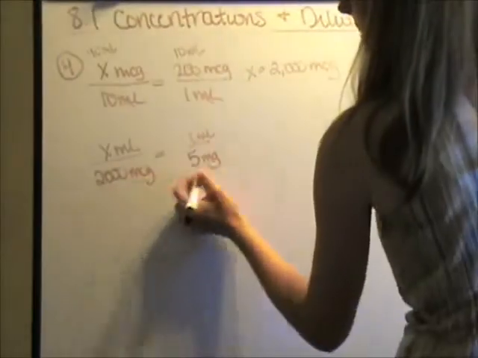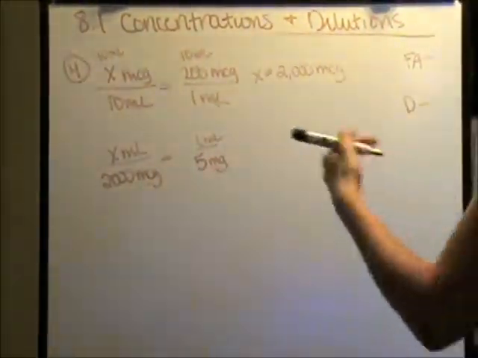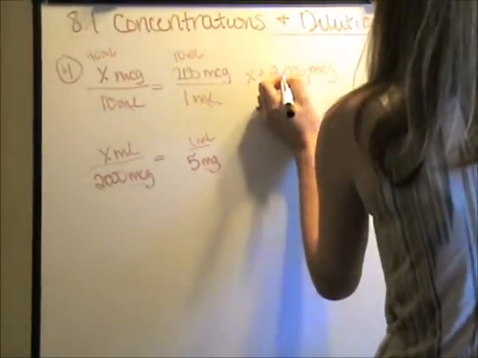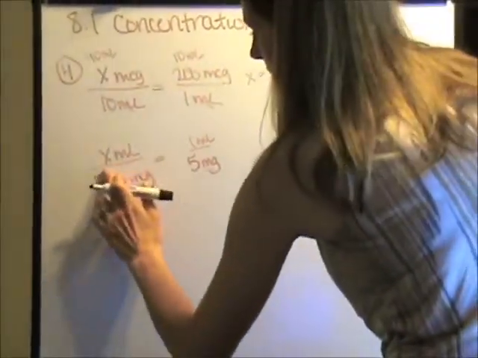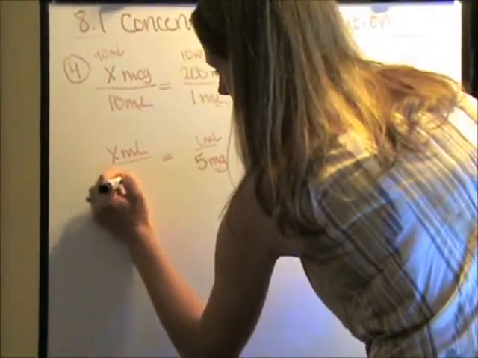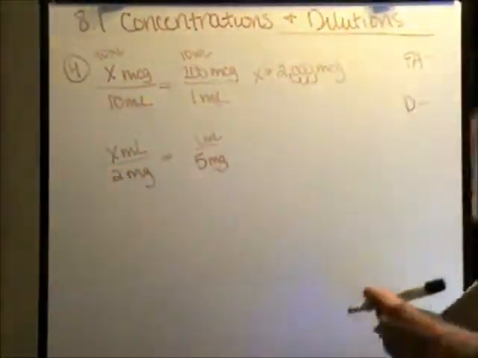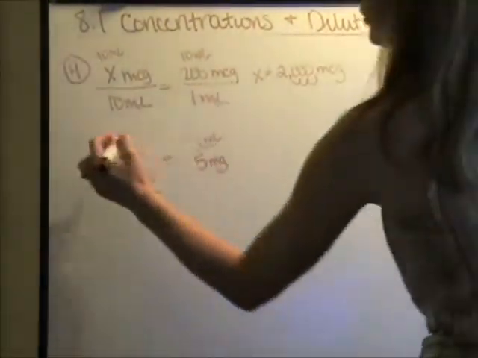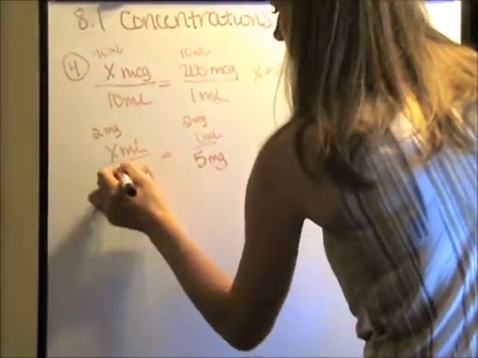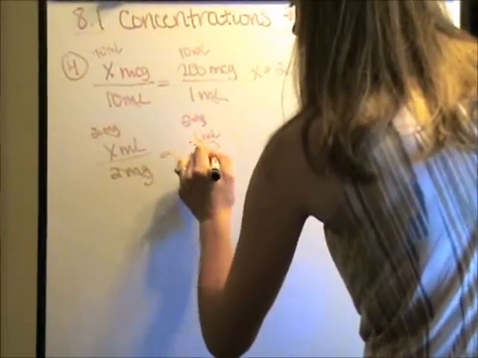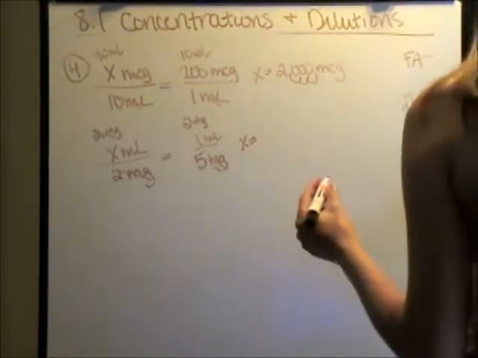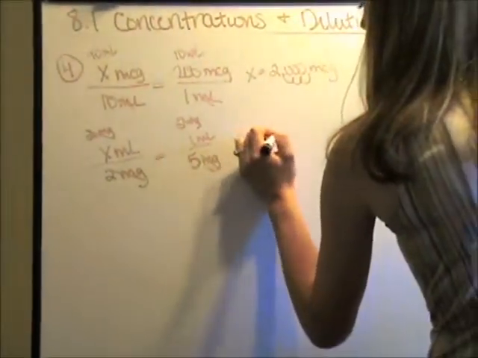We have micrograms and we have milligrams. So let's change the micrograms to milligrams. We're going to move it 3 to the left. So that's going to be 2 milligrams because we have to make sure our units of measure match up. Okay, so now we can solve for X. Two divided by 5, and X is going to equal 0.4 ml.